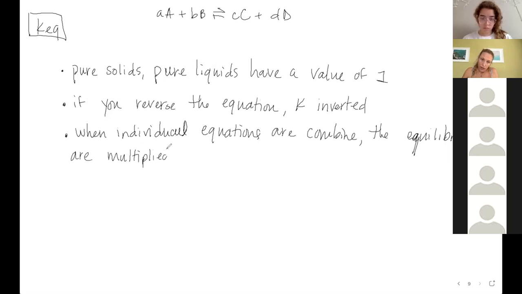They're multiplied to obtain the equilibrium constant for the overall reaction. Oh, I'm sorry, this should say the equilibrium constant here. Multiplied to obtain the equilibrium constant for the overall equation.